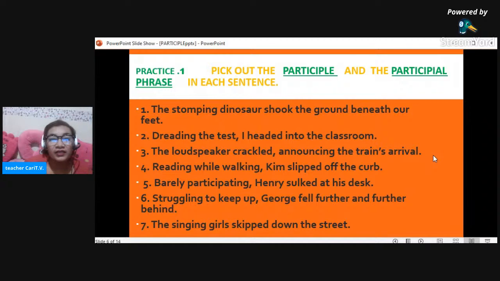So for the practice one, pick out the participle and the participial phrase in each sentence. Let us answer number one. The stomping dinosaur shook the ground beneath our feet. What kind of dinosaur?